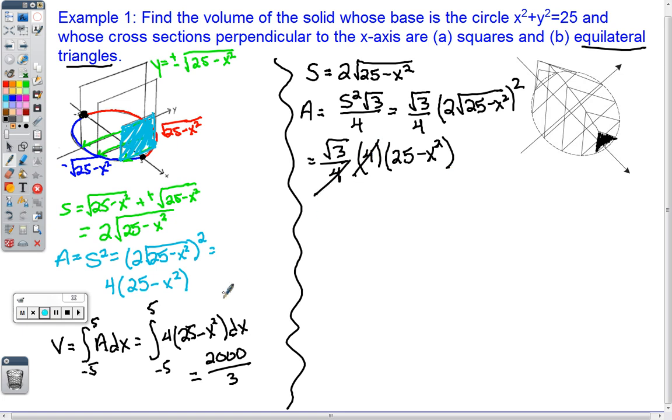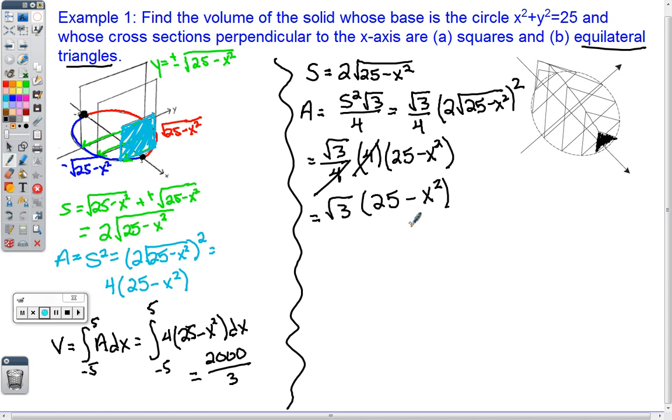The 4 and 4 cancel. Well, that's convenient. And we get root 3 times 25 minus x squared. Cool.